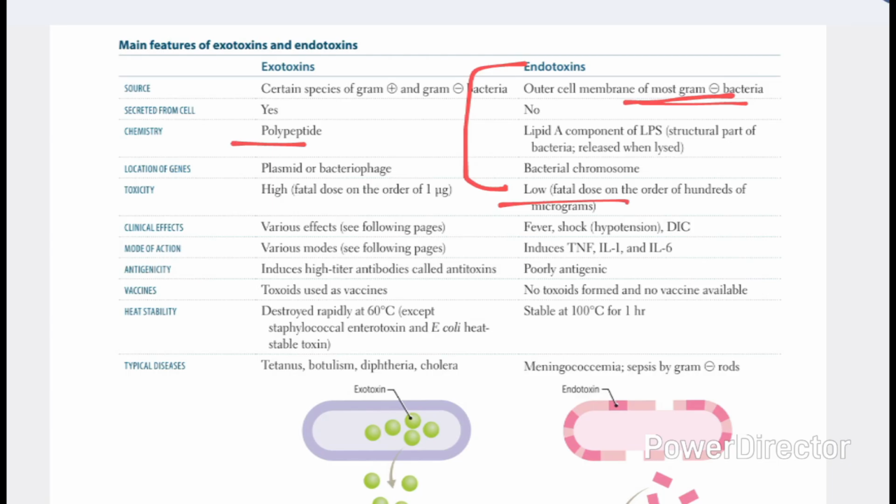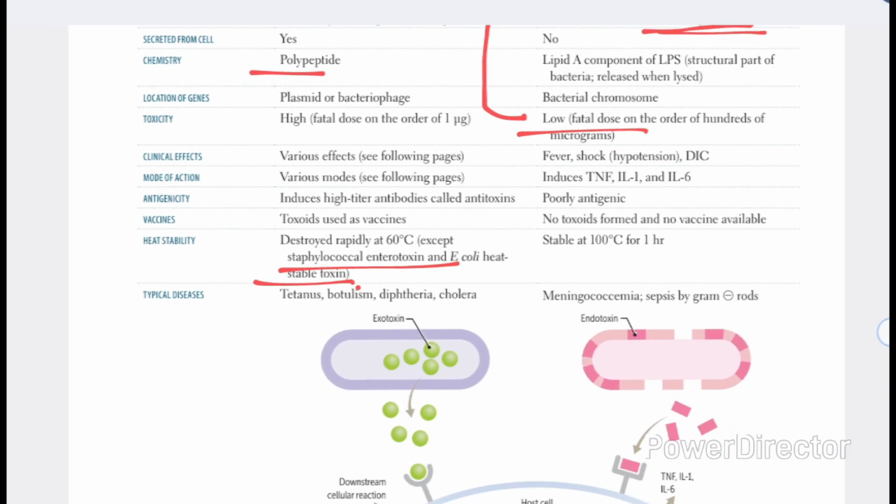The treatment of exotoxin depends upon the specific toxin that is causing the pathogenicity. For example, anti-tetanus immunoglobulins can neutralize the tetanus toxin, and likewise for botulism, diphtheria, and cholera. The endotoxins produce a common effect in pathogenesis, that is fever and shock, which includes hypotension and disseminated intravascular coagulation via the activation of TNF, interleukin-1 and interleukin-6.